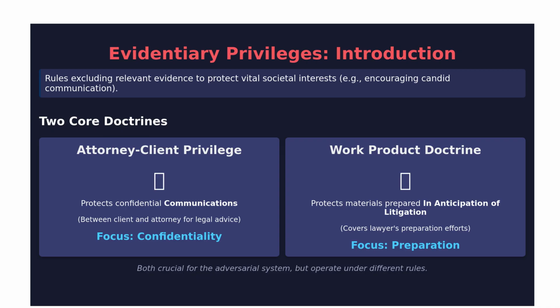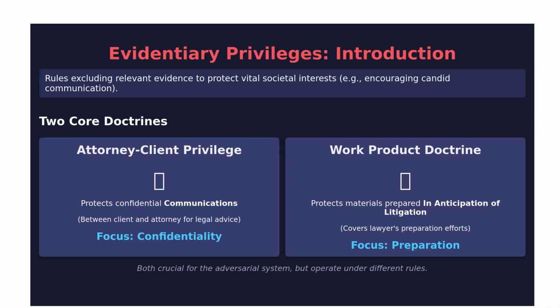In the context of litigation, two doctrines dominate this area: the attorney-client privilege and the work-product doctrine. The attorney-client privilege focuses narrowly on protecting confidential communications made between a client and their attorney for the express purpose of seeking or rendering legal advice.